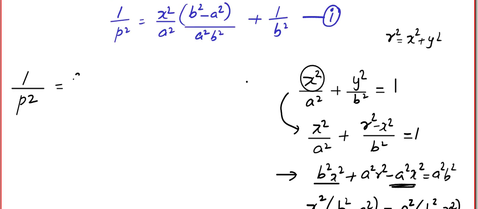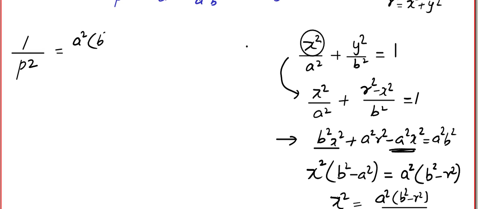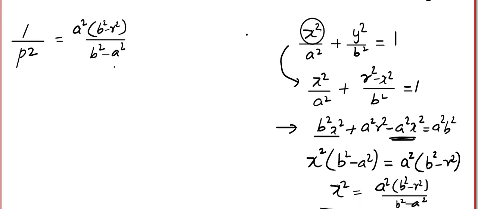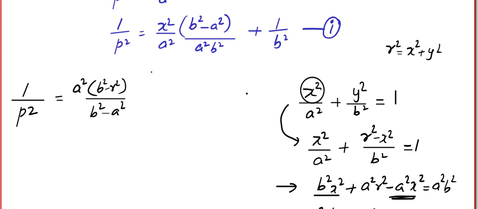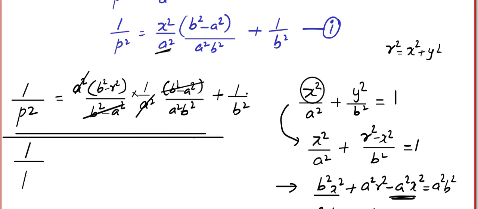Yeah, a square into b square minus r square by b square minus a square, into 1 by a square, this one, and then b square minus a square by a square b square plus 1 by b square. That's it. This is our pedal equation. Now we have to write it neatly, but this is our pedal equation.